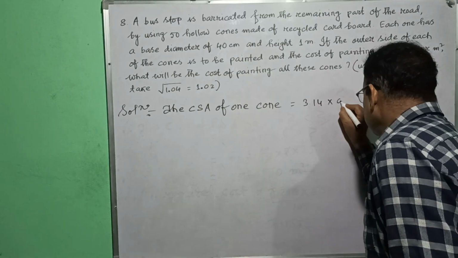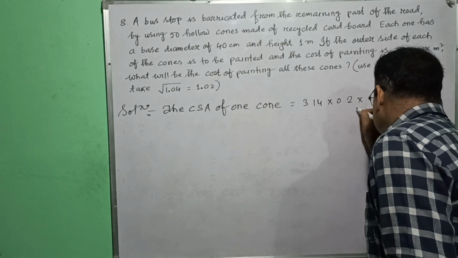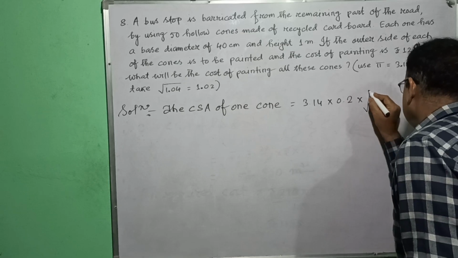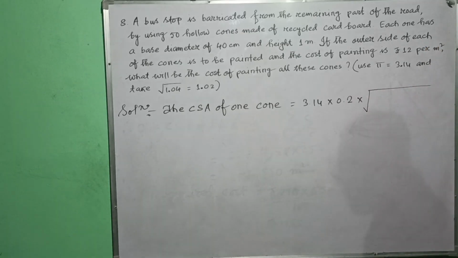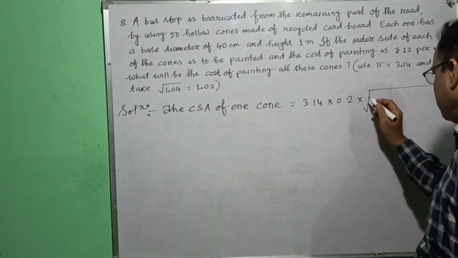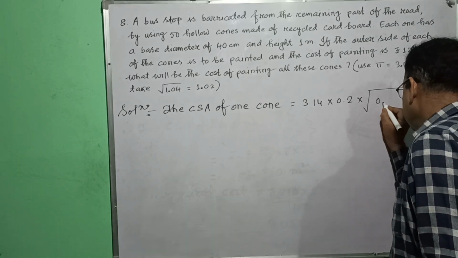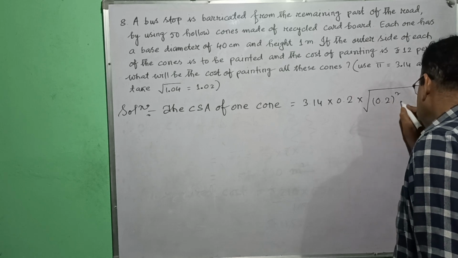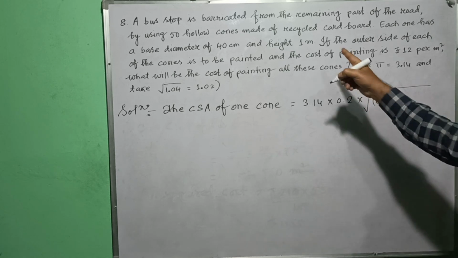So we'll put here 0.2 into L. L is not given. So we'll write it by using Pythagoras theorem. L equal to square root of R square plus H square. So R is 0.2. So we'll write 0.2 square plus H is 1.